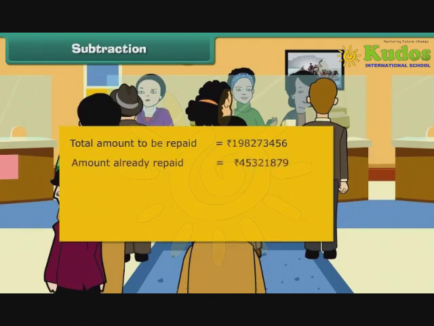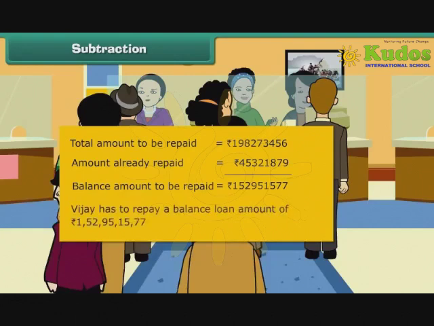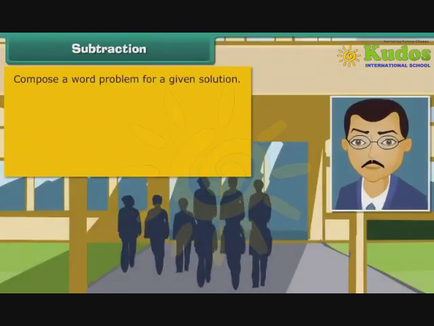Amount already repaid is equal to rupees 45321879. Balance amount to be repaid is equal to rupees 152951577. Vijay has to repay a balance loan amount of rupees 152951577.